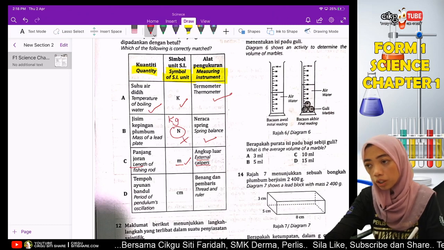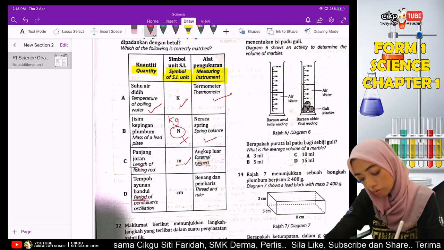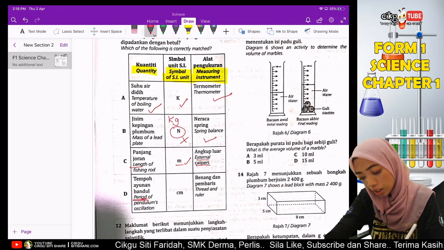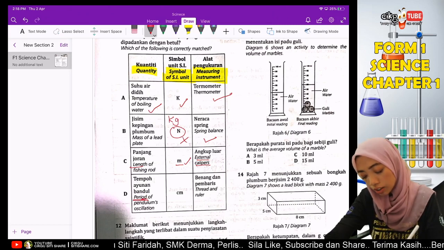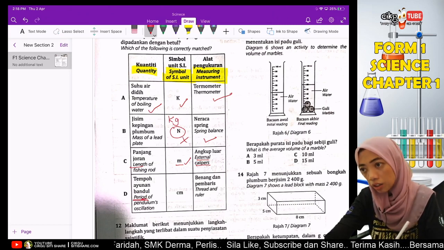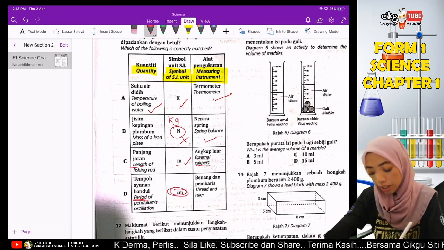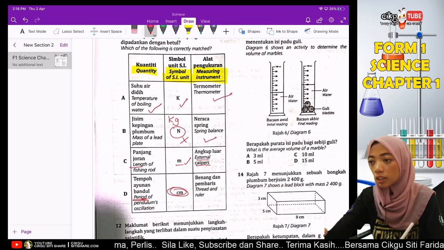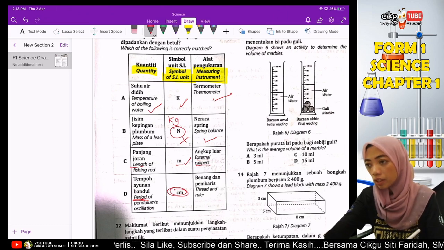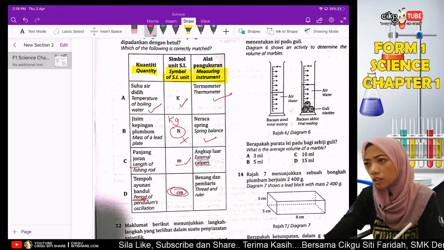Period of pendulum oscillation. Period, which is we want to measure the time. The unit is not cm, the unit must be minutes or seconds. Period, we use thread and ruler?